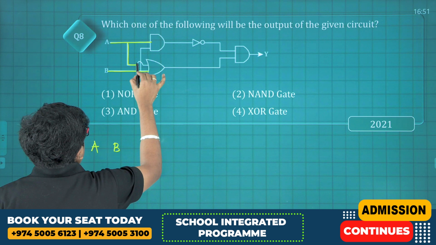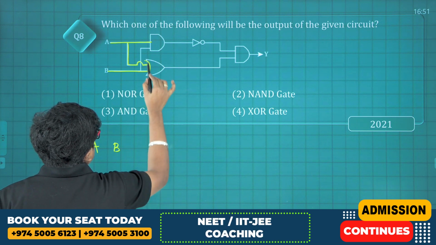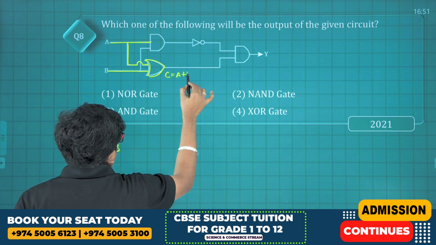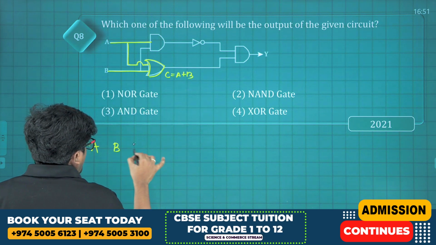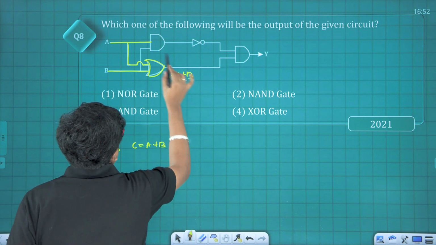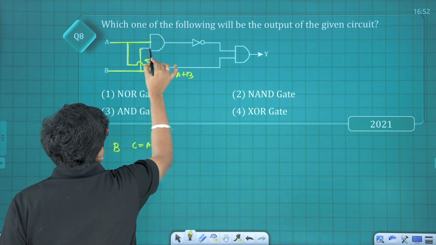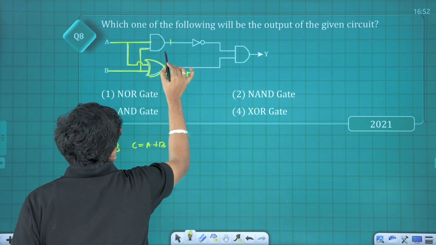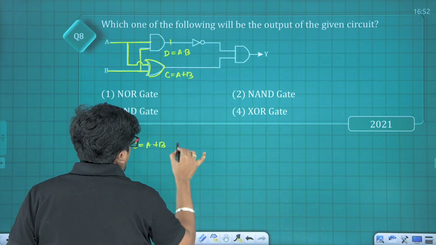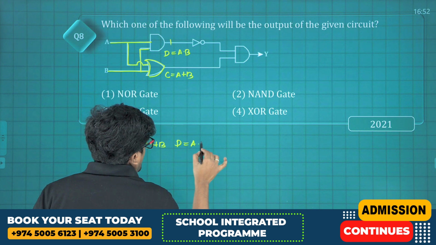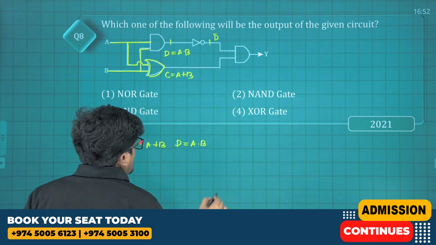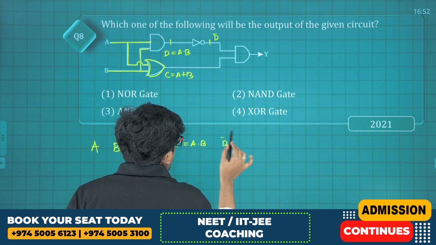So here A is coming in, and this is C equals A plus B. Here it is C, and this is B only, and what I have here is D, that is A dot B. Now here this is supposed to be D dash, so I am going to have D dash.